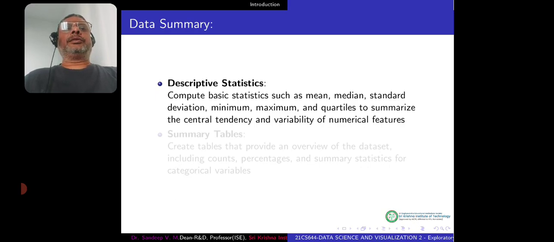The common usage of this is to express the overall distribution of the data. So we can talk about distribution of the data in terms of mean, median, variance, minimum, maximum, quartiles, and all that. And this will help mainly in comparing whether two data sets belong to the same process or not.